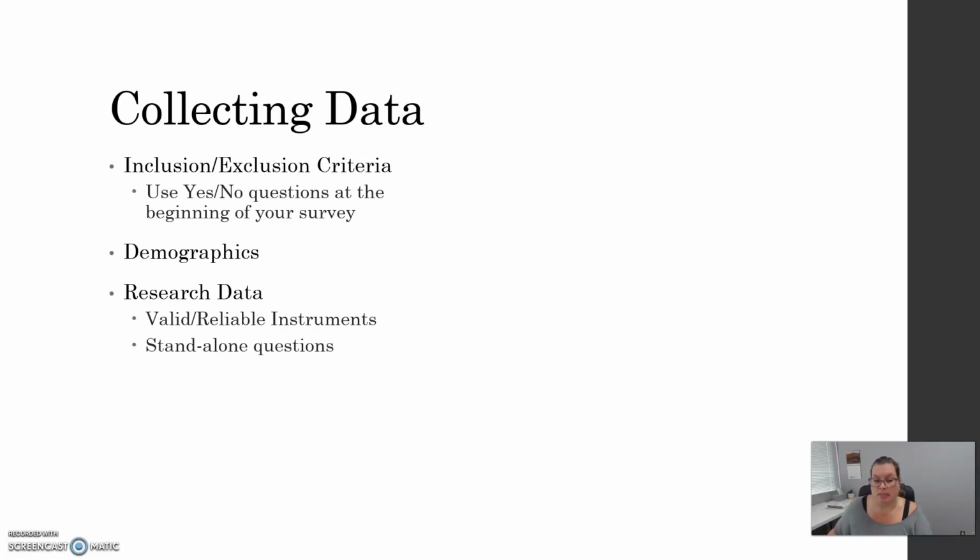You may also, in some cases, need to create a standalone question or questions to gather additional data. The reason I say that is I created a question in my demographic survey that helped me collect the data that I used for my independent variable. Okay, and let me show you what I mean.